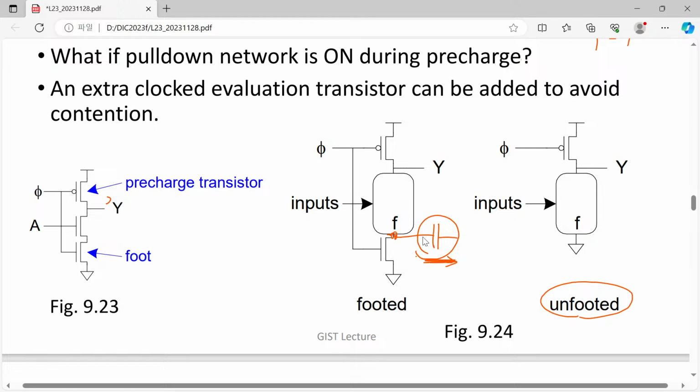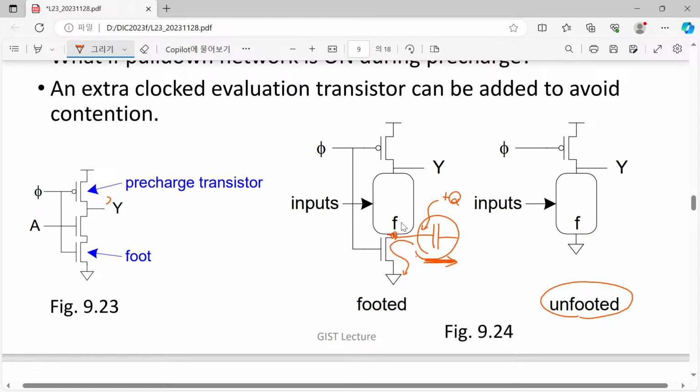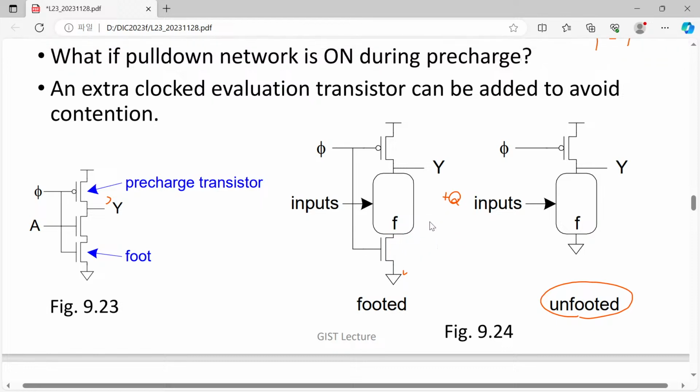Of course, if we have some charge collected in this node, then that should be discharged through this input or the output NMOSFET. Also, that should be charged and discharged. In that sense, the existence of this PMOSFET is not that good for your speed consideration.